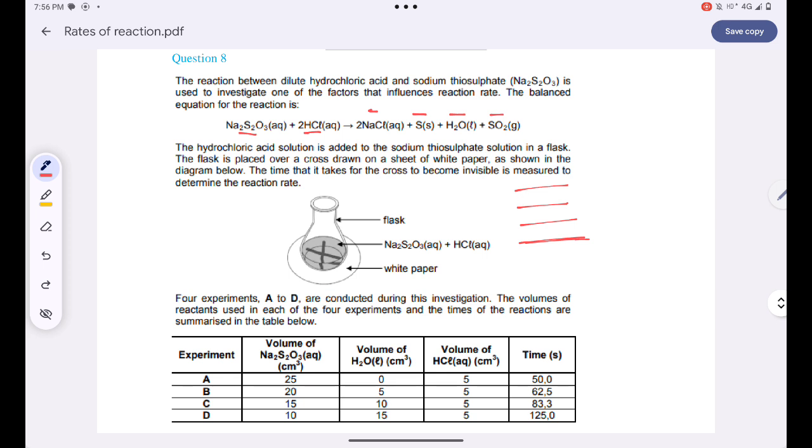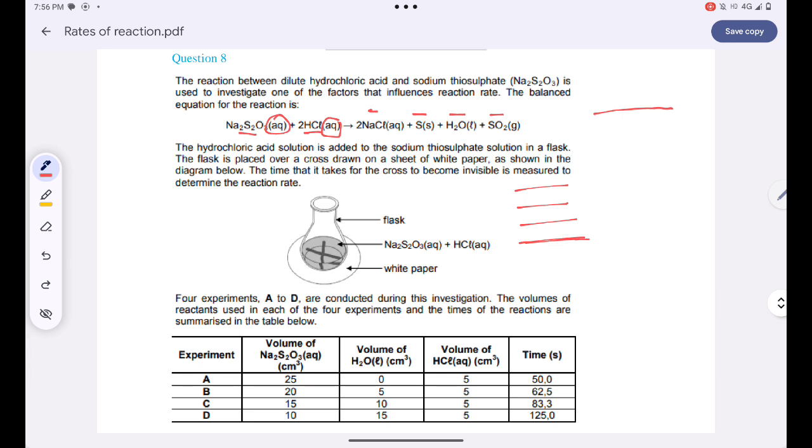Those 4 factors will work, but the one of increasing the surface area or changing the state of division will not work. Why? Because both of our reactants are in aqueous solution. Are you together? If we had either one of the reactants as a solid, then we were going to tamper with the state of division.